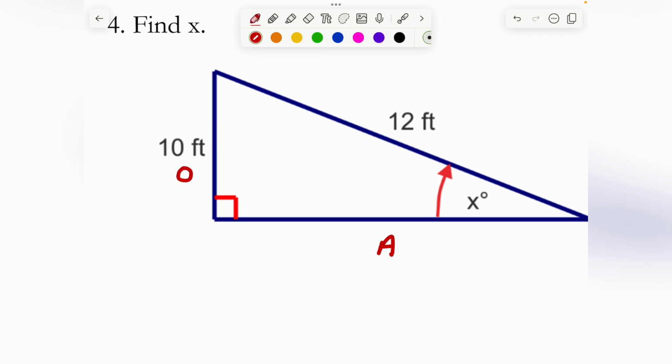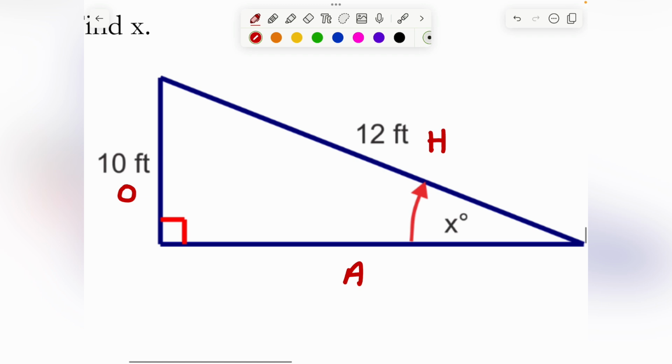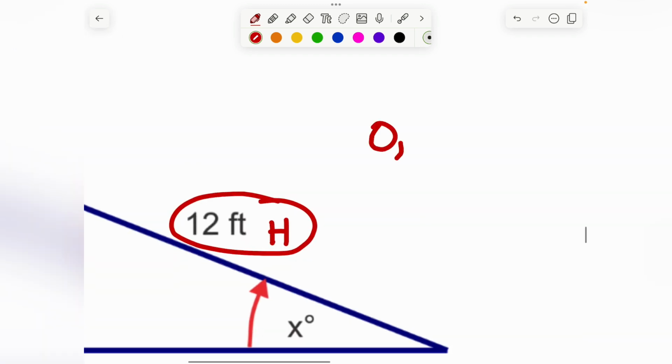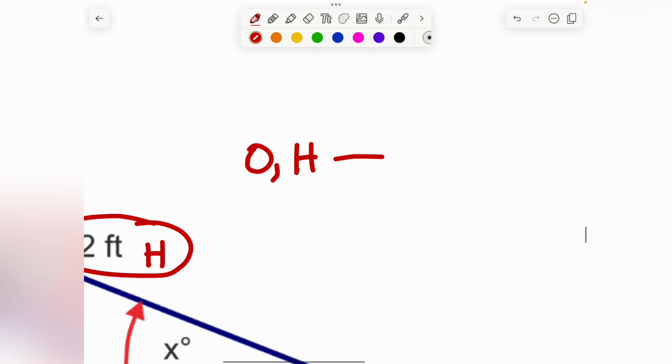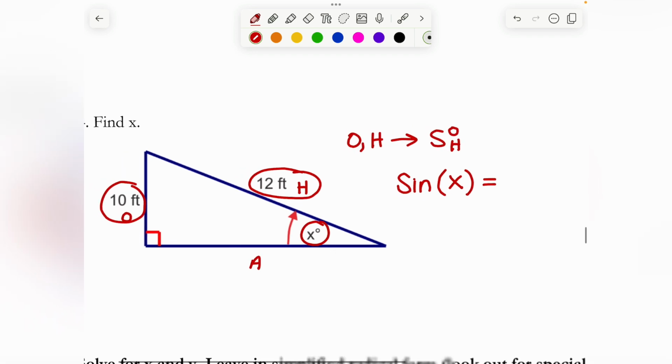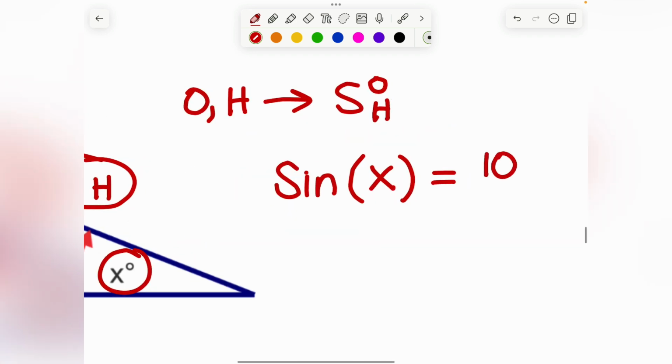Adjacent side we know nothing about. Hypotenuse is 12. Since the ones I know are opposite and hypotenuse, I'm going to use sine. So I'm going to set this up: sine, remember, it's always of the angle, but this time I don't know what the angle is, equals opposite 10 over hypotenuse 12.